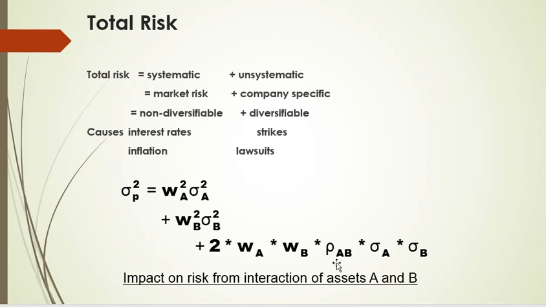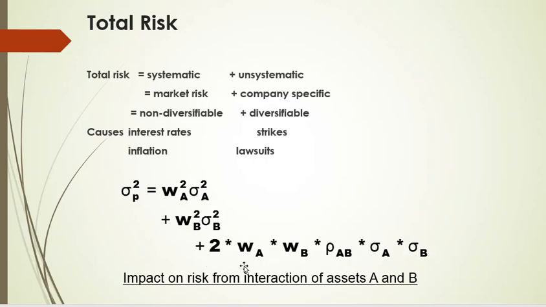But what if it's only 0.5? That means the risk of the portfolio has declined because this is a product, and instead of being multiplied by 1, this product's all multiplied by 0.5. What if it's 0? This component of the formula goes away. What if it's -1? Then this piece is a product. They're all positive except for this one that's -1.